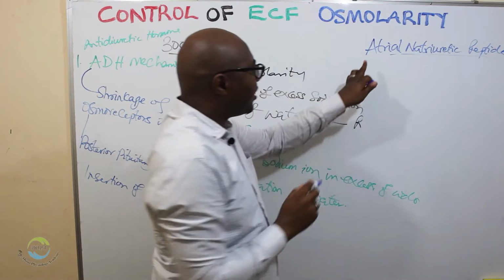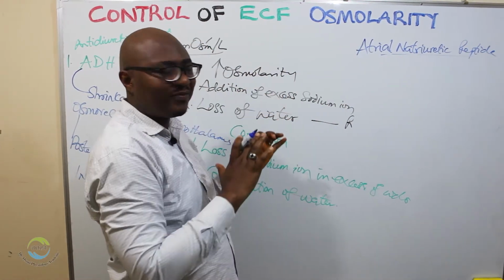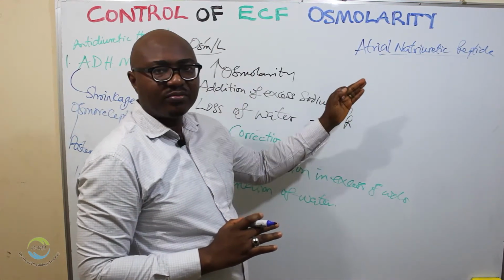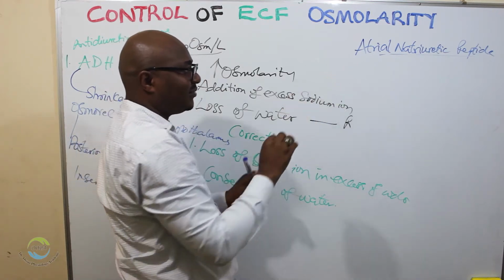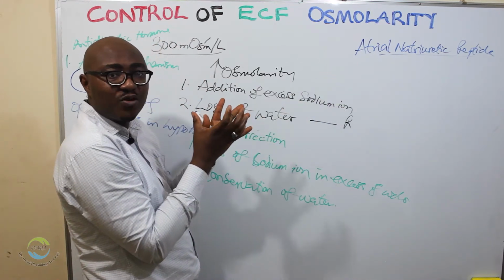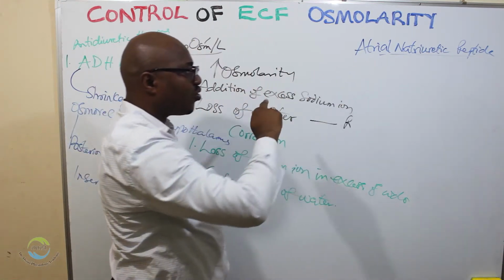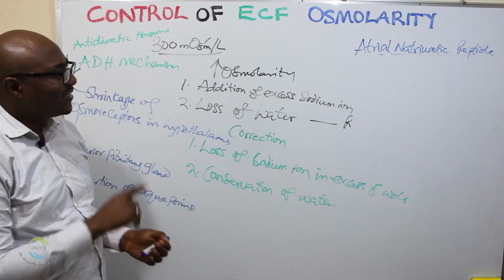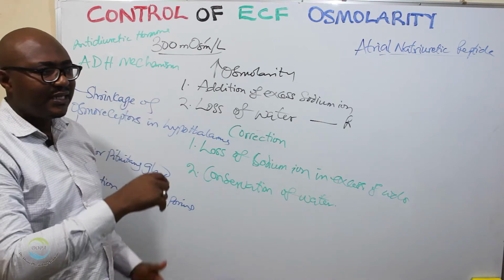Okay? So atria, from the name, that means the atrium, the upper chamber of the heart. Natriuretic, sodium. Peptide. So it's trying to tell us that this peptide functions as a hormone. It helps in the loss of sodium. But you now ask yourself, what is the trigger for the release of this atrial natriuretic peptide?